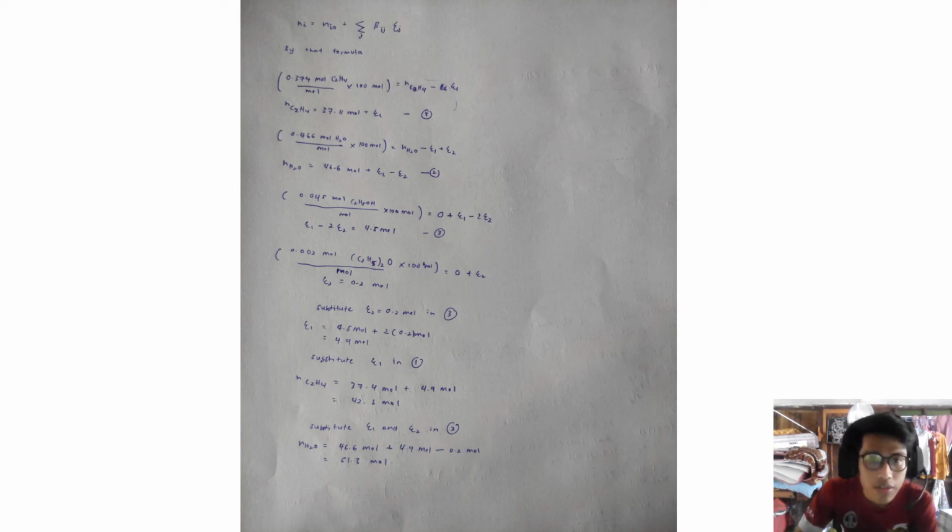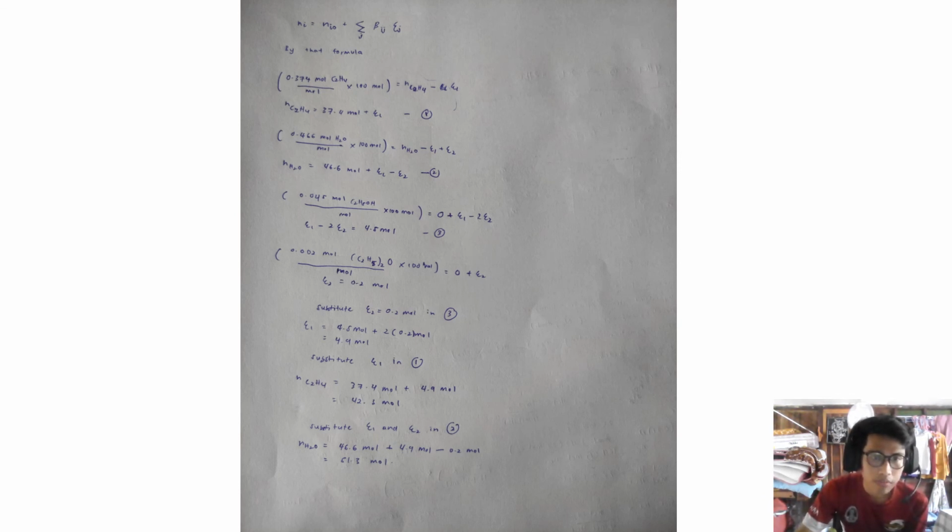For the next one, 0.05 mole of ethanol over mole times 100 mole will be equivalent to 0 because there is no reactant, plus Z1 minus 2Z2. So we will get Z1 minus 2Z2 equivalent to 4.5 mole. This will become our third equation.